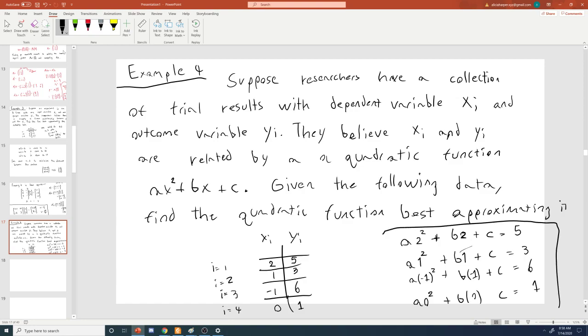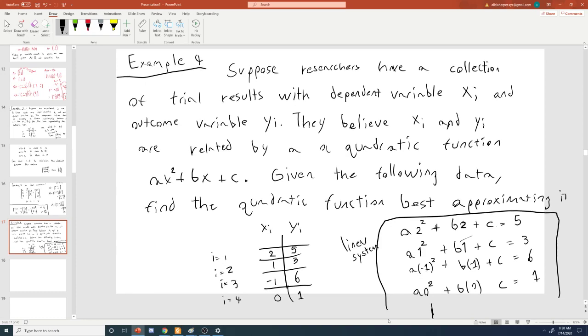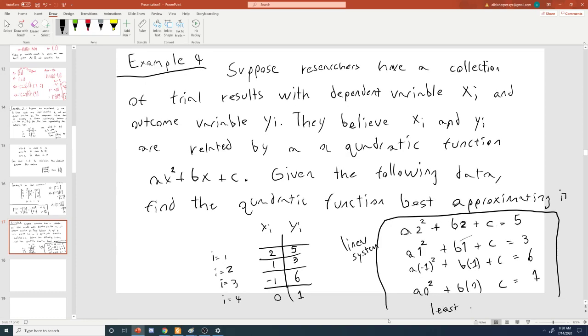So I have this linear system. And what I want to do is find the a, b, and c that make the left side of this as close as possible to the right side. And so this, again, is a least squares problem.